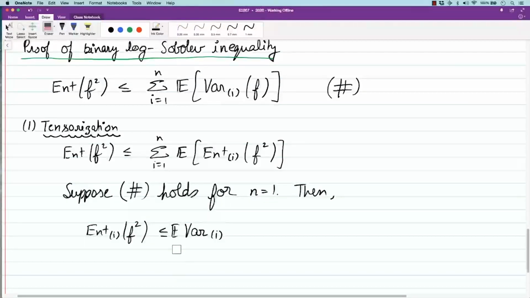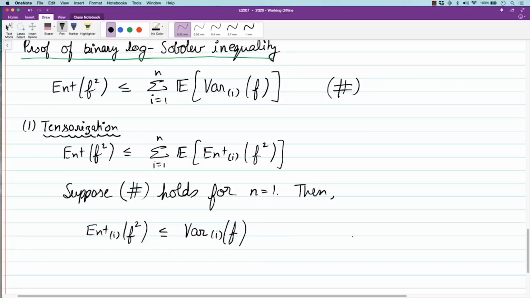There's nothing to take expectation over in this case because all the other coordinates are now fixed. So for n equal to 1, there is no additional expectation. This expectation is over the remaining coordinates.